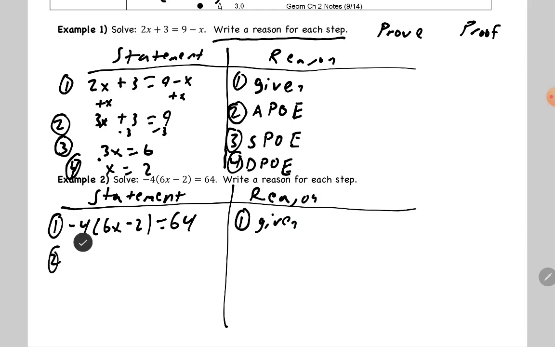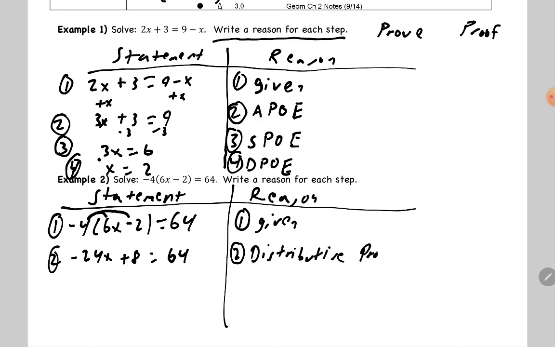2. Now, you can solve it however way you want, but I'm just going to do distributive property. So I'll get -24x plus 8 equals 64. So that was through the distributive property.